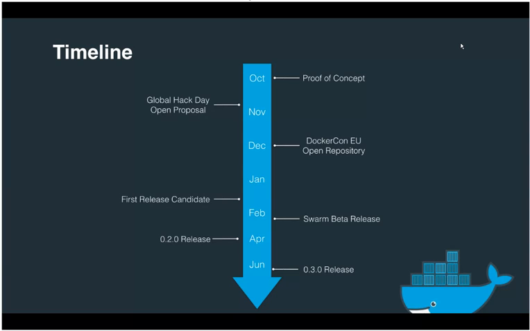And we aim to release the 0.3 release in June for DockerCon. So it's fairly new. There's a lot of things to do inside the project. So if you want to contribute, just come say hi on IRC and on GitHub, and we'll be pleased to get you started with the system and with Swarm and how you can contribute to the project.